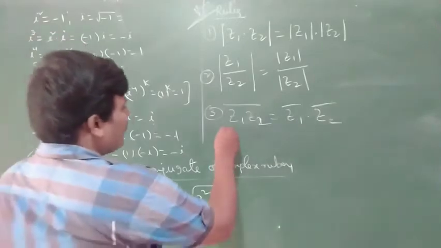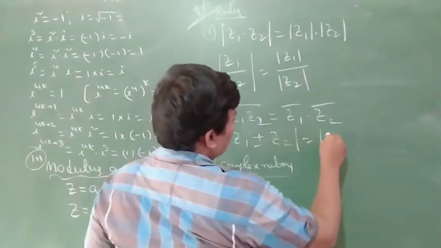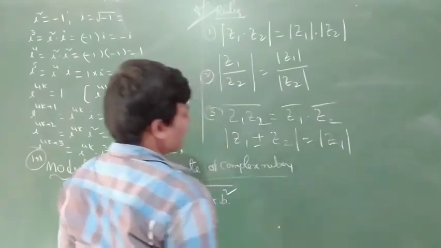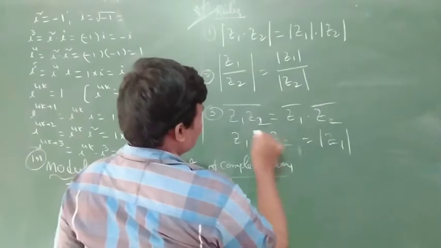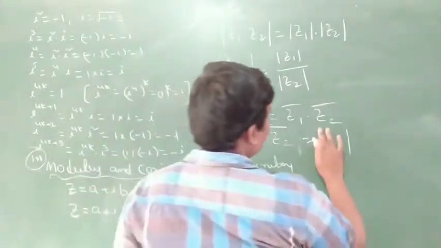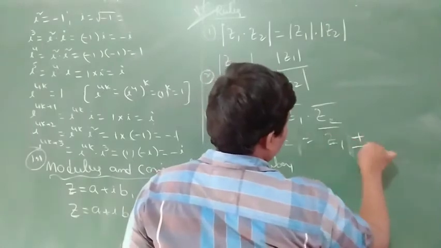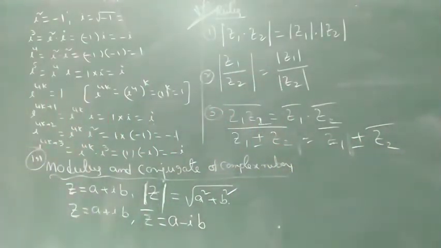Next, conjugate of z1 plus or minus z2 is equal to conjugate of z1 plus or minus conjugate of z2.